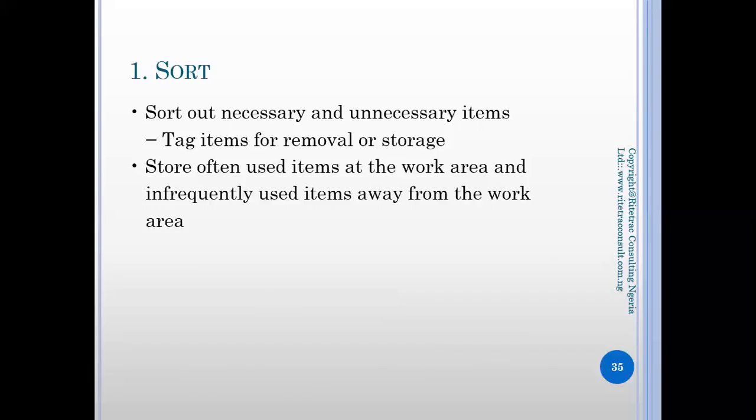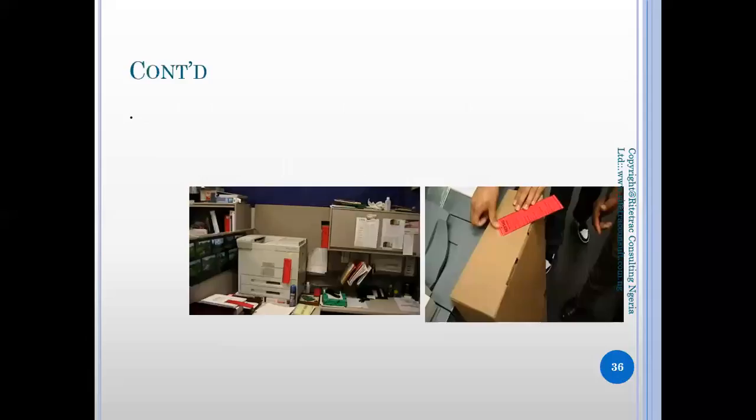So sort out necessary and unnecessary items, tag items for removal or storage, store often used items at the work area, and infrequently used items away from the work area.